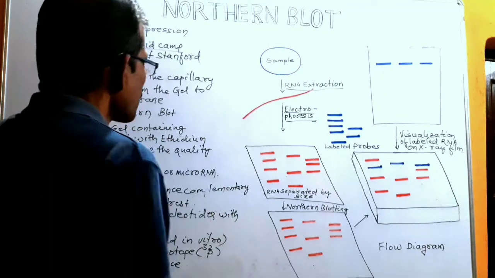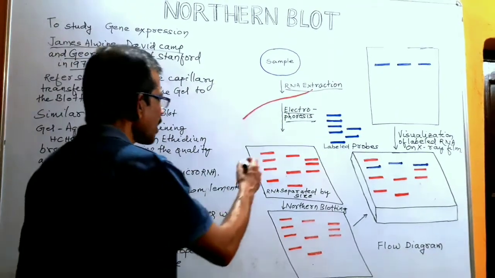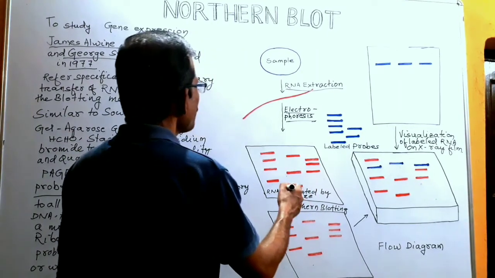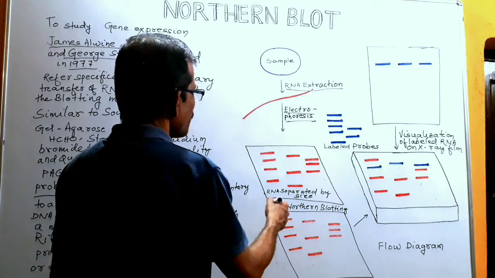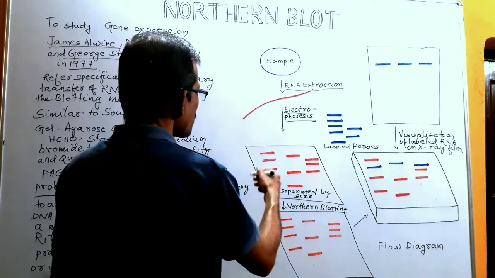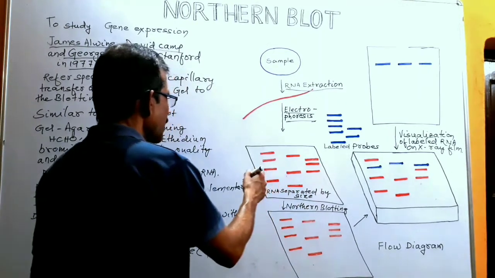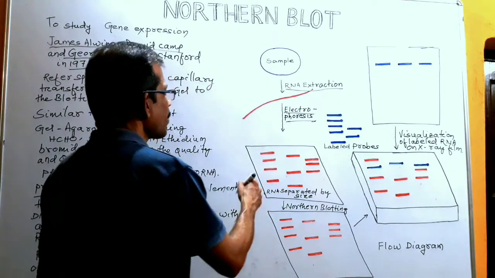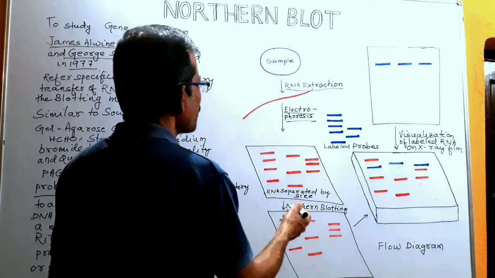In northern blot, first step is the extraction of total RNA from a homogenized tissue sample or cells. After extraction of total RNA, the eukaryotic mRNA is isolated by the process of oligo-dT cellulose chromatography.